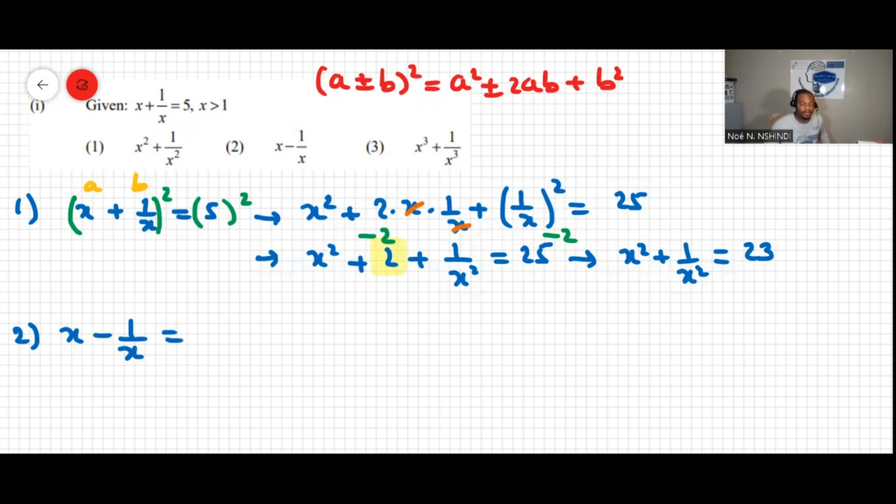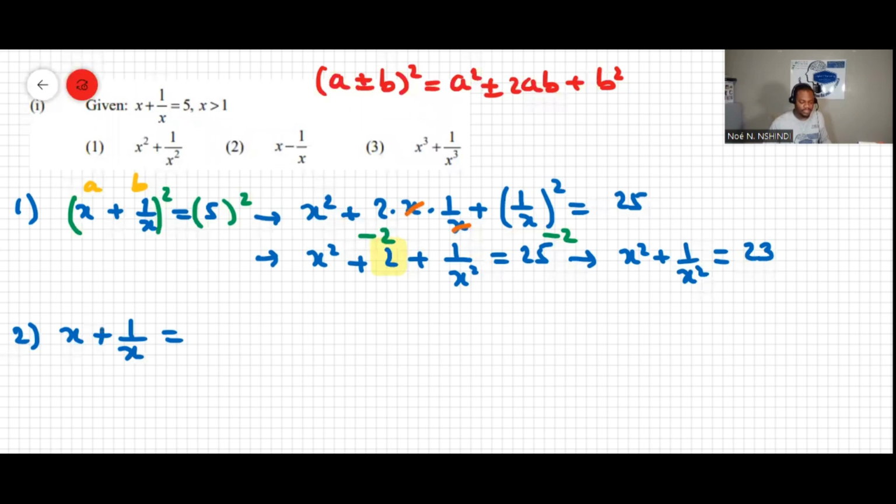Then what about it? Okay, in this case, let's first work out with x plus 1 over x equals 5.